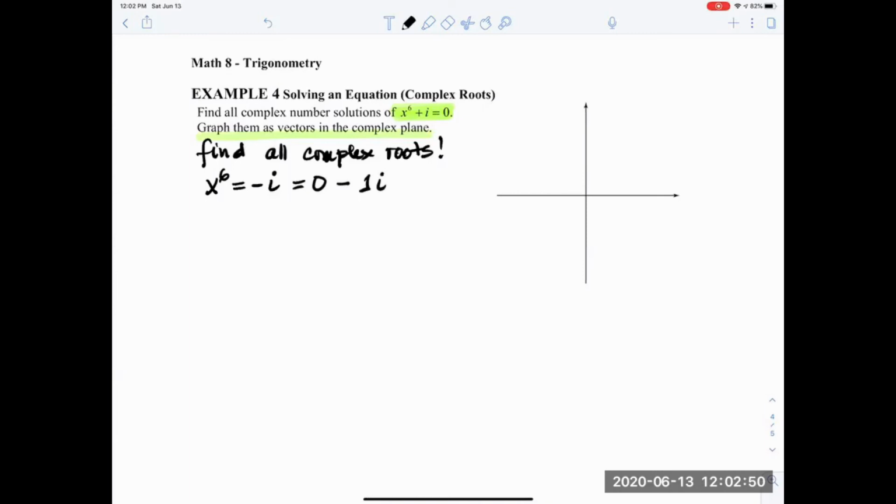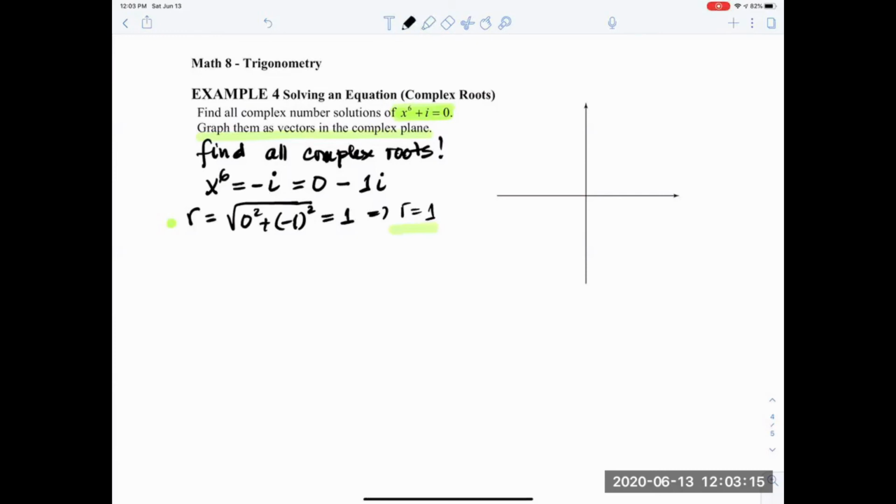Having said that, now you can find your r. My r here is the square root of 0 squared plus negative 1 all squared, which is the square root of 1, which is simply 1. Great, so r equals 1.